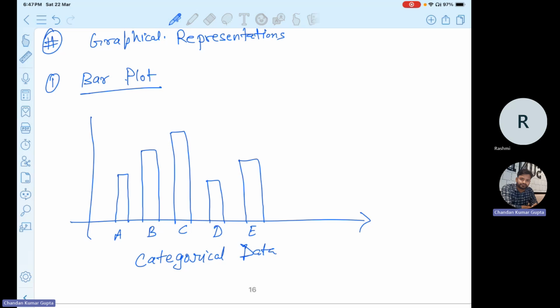So these are categorical in nature, so we use a bar plot to represent these kinds of data, in which the x-axis represents the categories and the y-axis defines the amount belonging to each of those categories. So it is mainly used to represent categorical data.